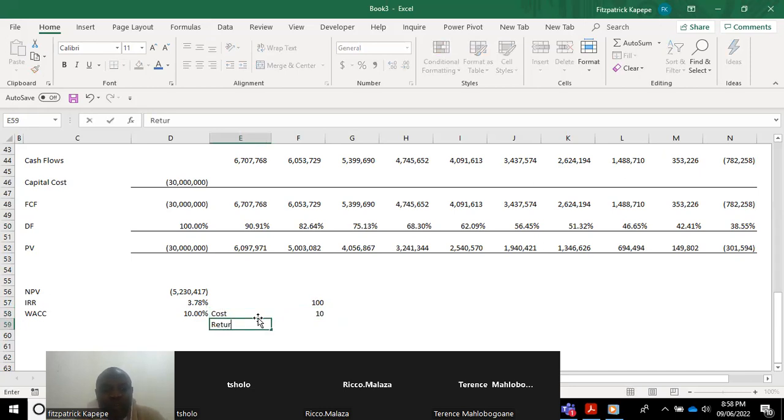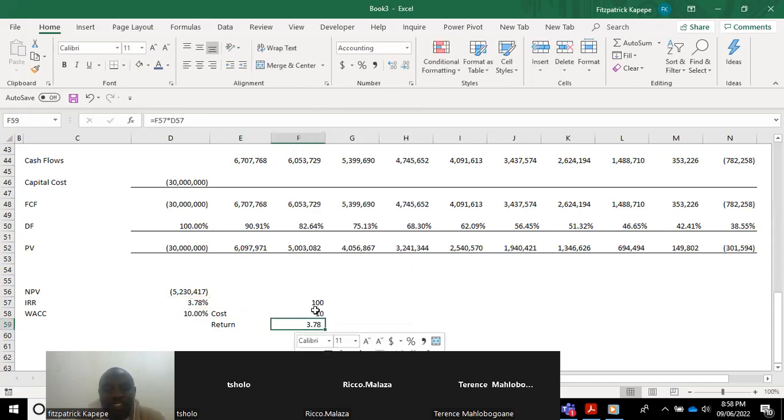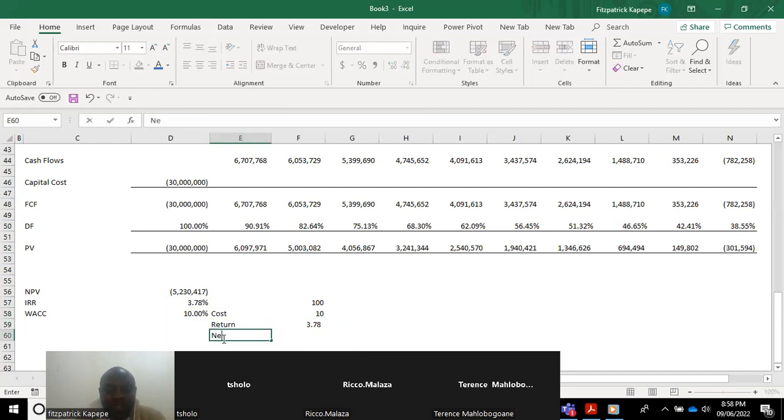From this particular project, your returns is that 100 that you have times 3.78. So you have lost 10 kwacha, you have only gained 3.7. Your net loss in this investment is 10 minus 3.78. That is what it means.